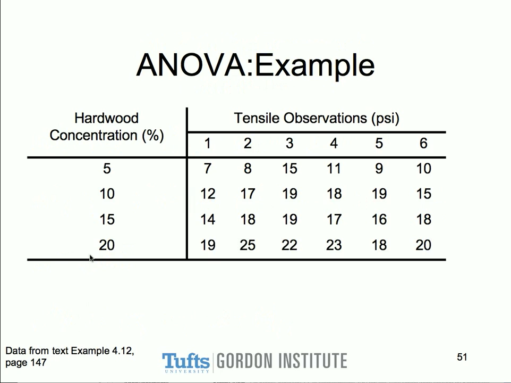Okay. This is a table of our data that we're going to input into Minitab. We have the 4 concentrations here, and we have the resultant tensile observations in PSI.